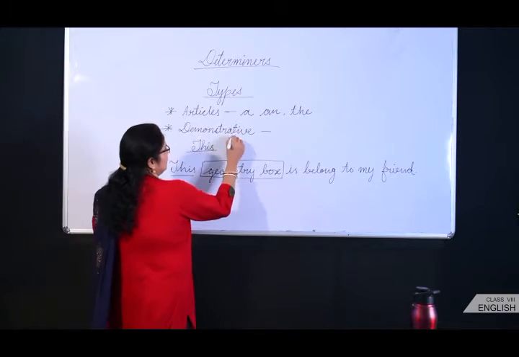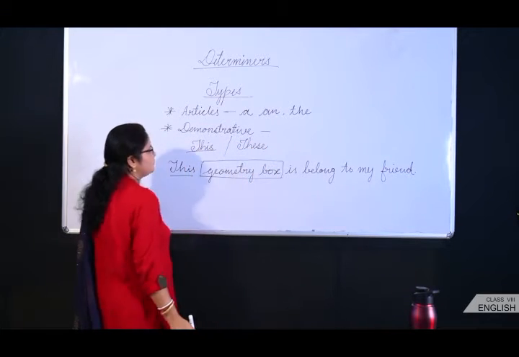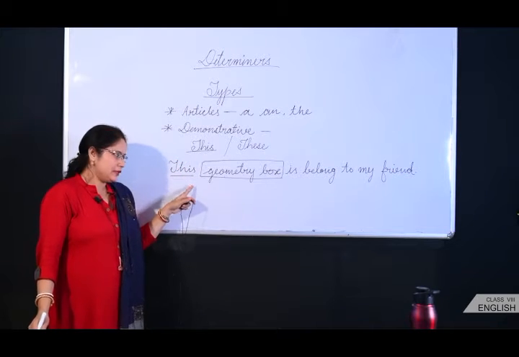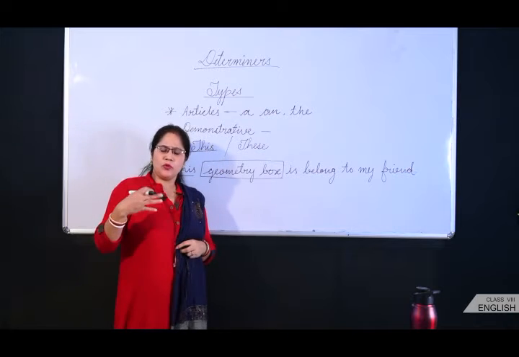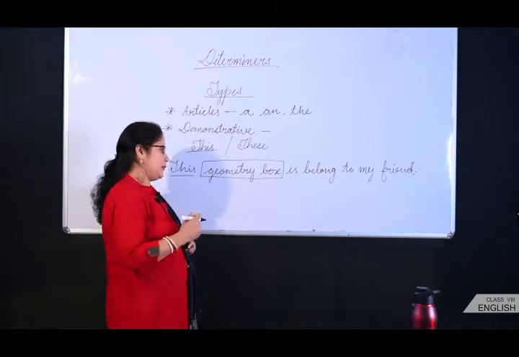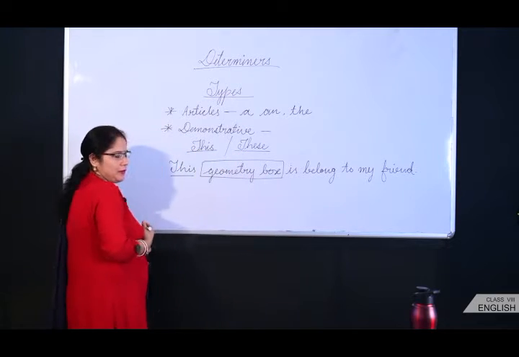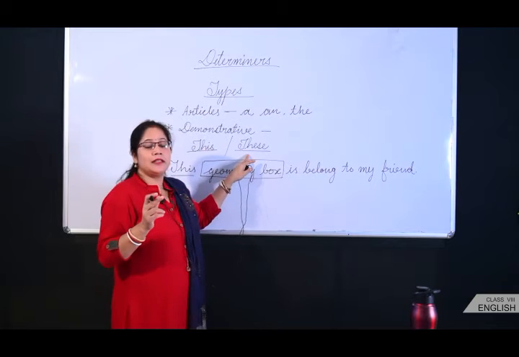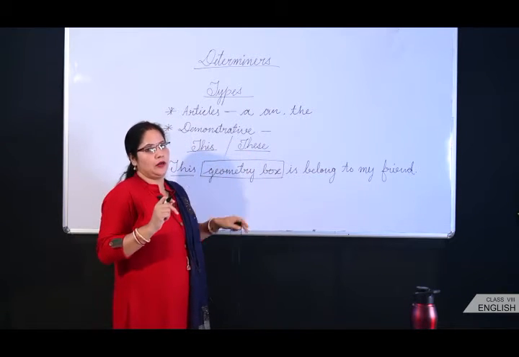Similarly, these. This is also used for the object or person which is close by me, nearby. But one thing you have to keep in mind is that these will be used before a plural noun.